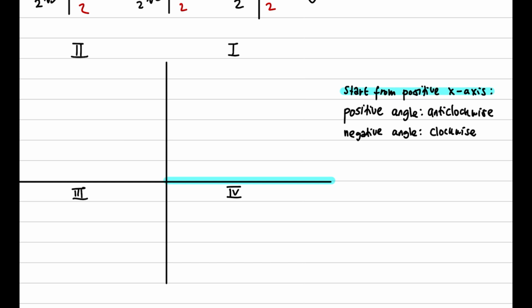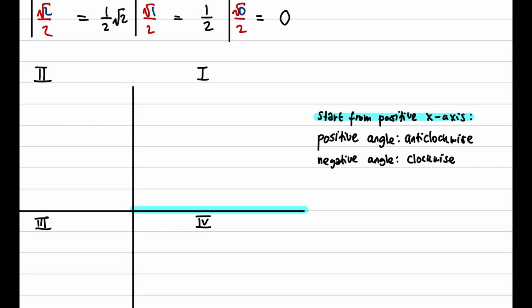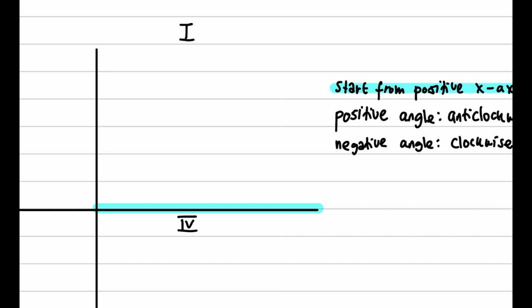So let's say I want to draw 30 degrees. Approximately 30 degrees, we can sketch a line starting from the origin, and approximately the angle between the line and the positive x-axis is 30 degrees. You go anti-clockwise.